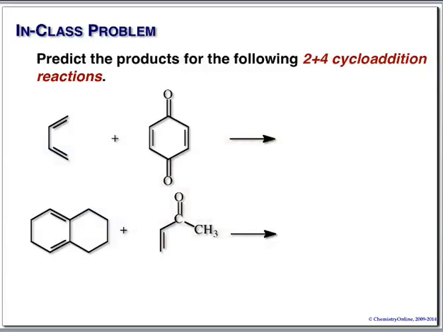Well, this first one looks like it could be complicated, but of course it's not. We're simply going to take carbons 1 and 4 and react them with these dienophile carbons here. Look across your 6-membered ring. These are the carbons of the dienophile.